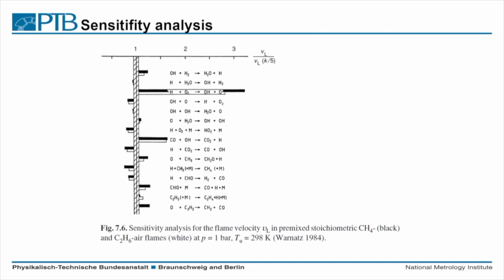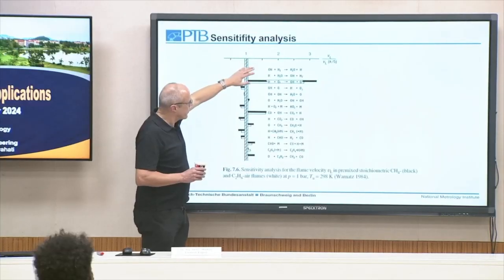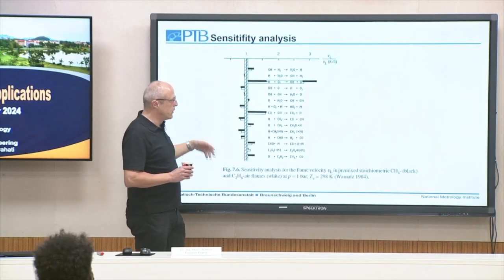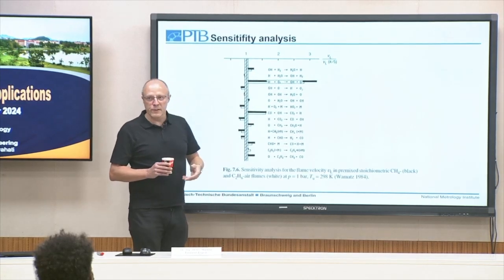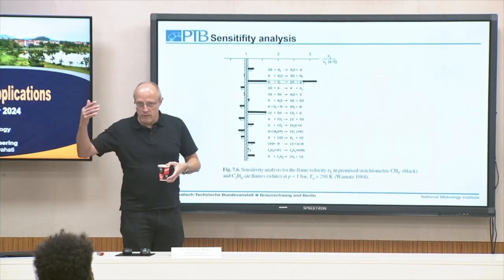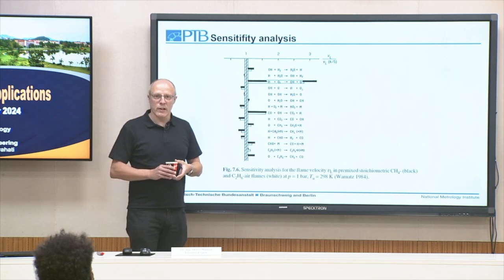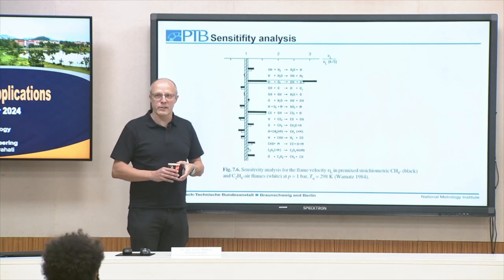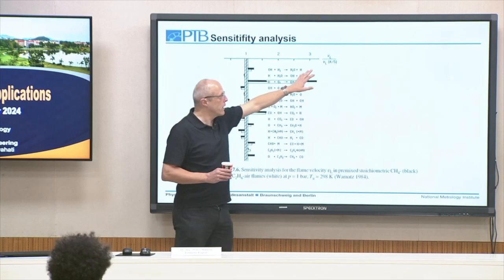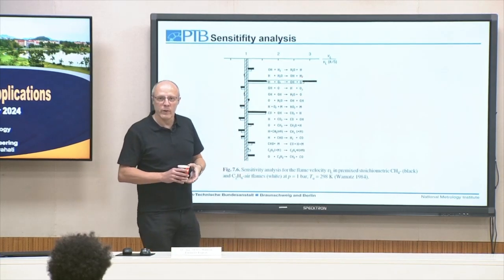It's very important to know this precisely if I want to calculate the flame velocity. This reaction dominates everything. Then we have some other species which I also have to know precisely, but for the rest of the set, 800, 140, 150 reactions, I don't need to know them precisely if I want to calculate the flame velocity.